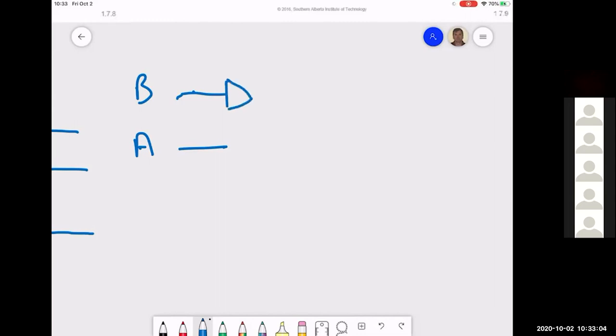So I create a buffer. Now the buffer gets another signal to say, okay, your zeros and your ones, whatever it is, you only read them when I tell you to, and you transition when I tell you to.